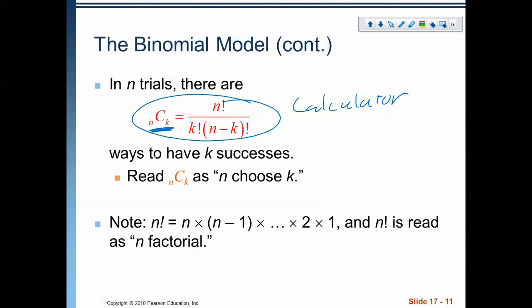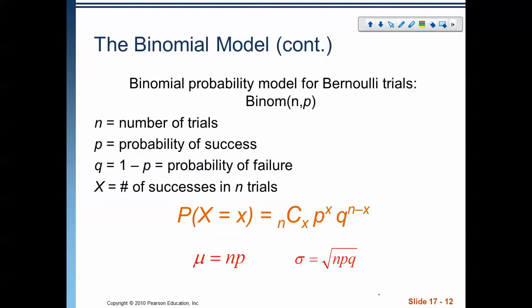This says n choose k, and the formula for that is n factorial over k factorial times (n minus k) factorial, where n is the fixed number of trials, and k is the 2 out of 24. In case you don't know what factorial means, 6 factorial is 6 times 5 times 4 times 3 times 2 times 1, where you multiply it all out. Again, you're never going to make this calculation, so don't worry too harshly about it. I just wanted to make sure you understood what that looks like.